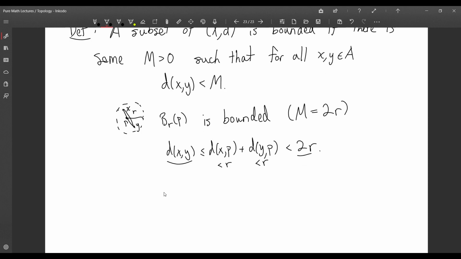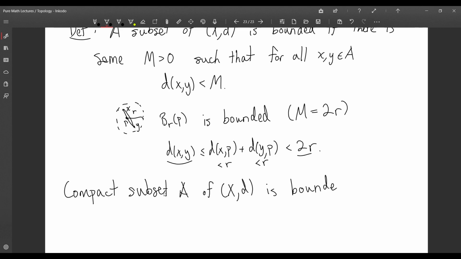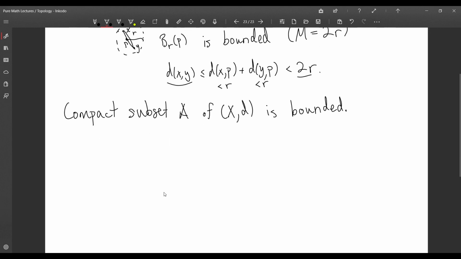Like that. So the last result is that a compact subset A of a metric space, X, D, is bounded. And the proof of this is pretty cool.